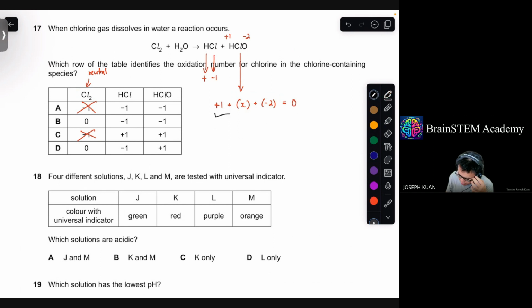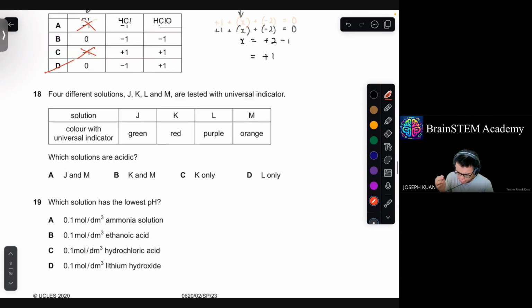So the sum of the oxidation number should lead to 0 because this is uncharged. But overall net charge is 0. So you need to do some calculations of that. And you will get this particular chlorine atom is exhibiting a +1 as its oxidation number. So the answer is D, for 17.